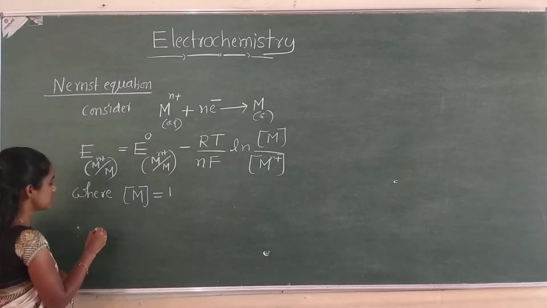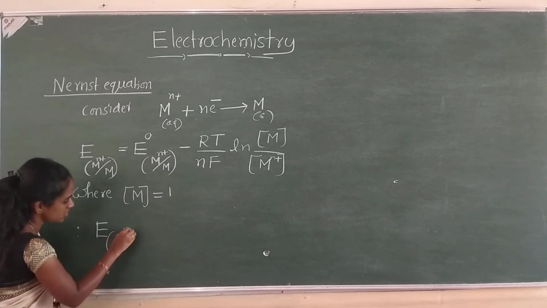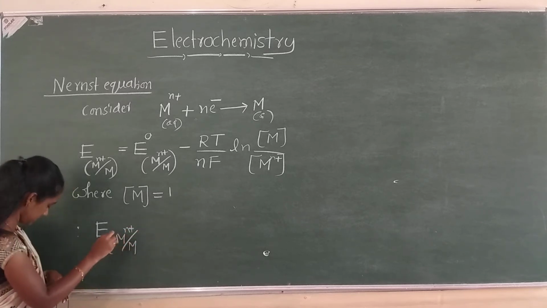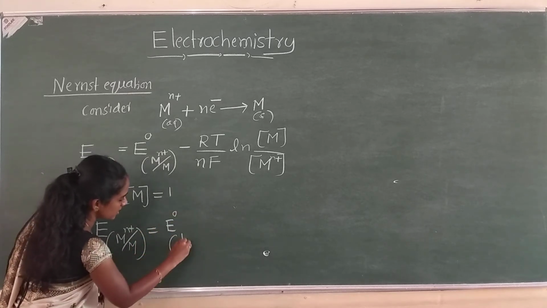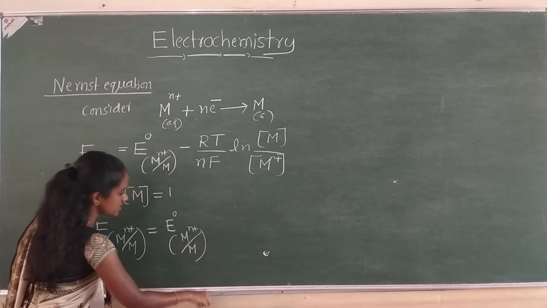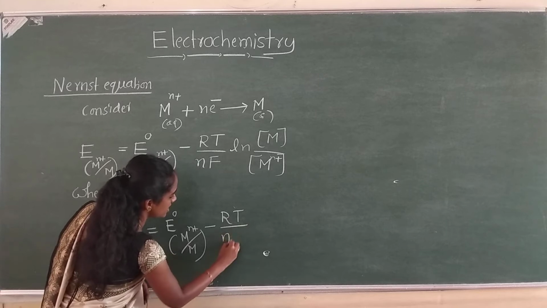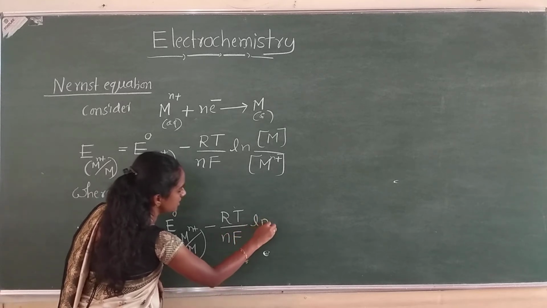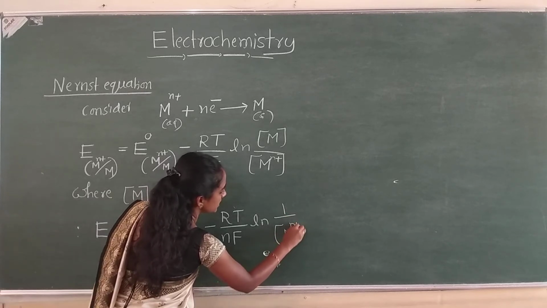Therefore the Nernst equation is E, the electrode potential of the redox couple, equal to the standard electrode potential minus RT divided by nF ln 1 divided by the concentration of the metal in oxidized form.